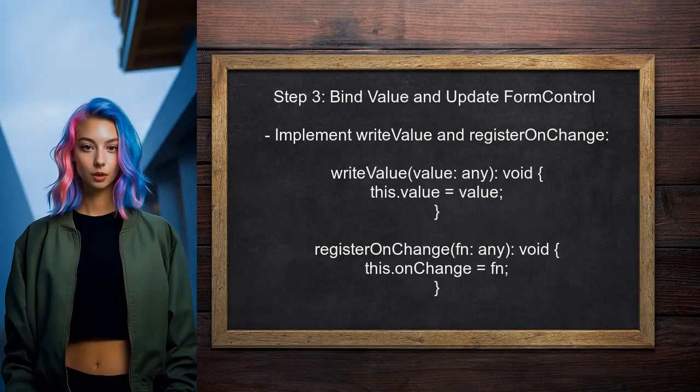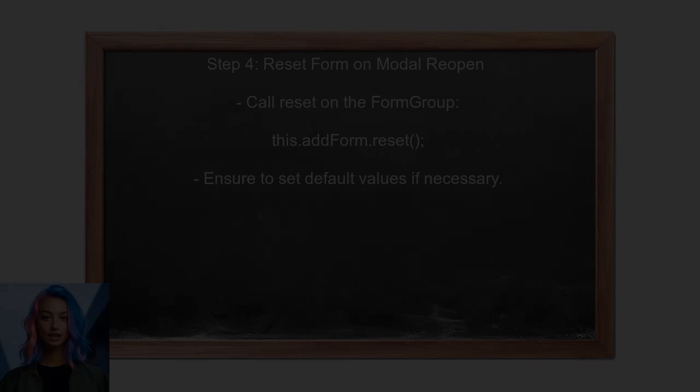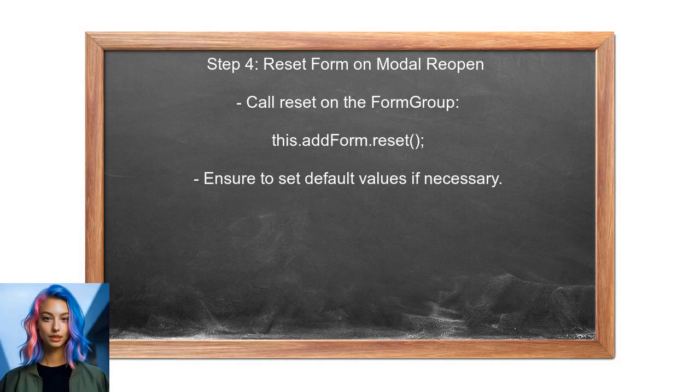The user should also verify that the custom component is correctly binding the value and updating the form control. This involves implementing the right write value and register on change methods. Finally, the user should ensure that the form is being reset correctly when the modal is reopened. This can be done by calling the reset method on the form group.